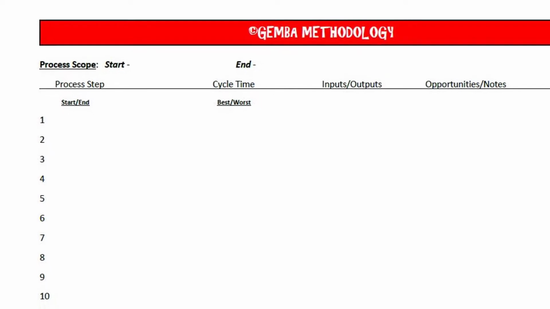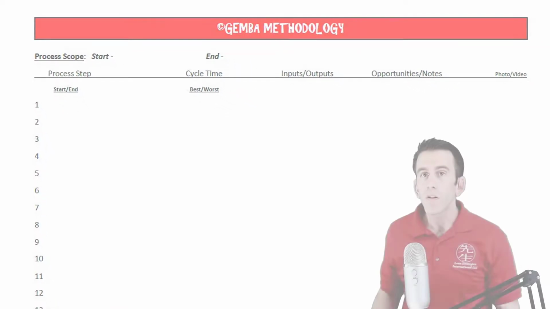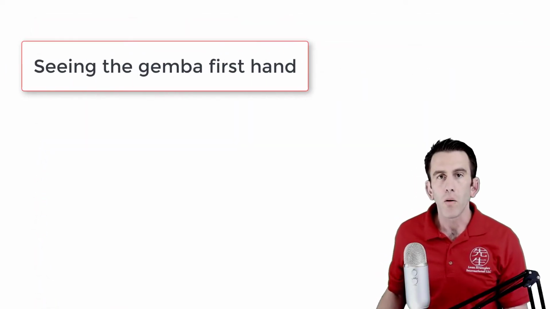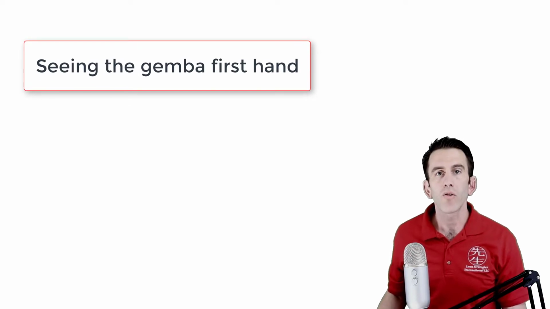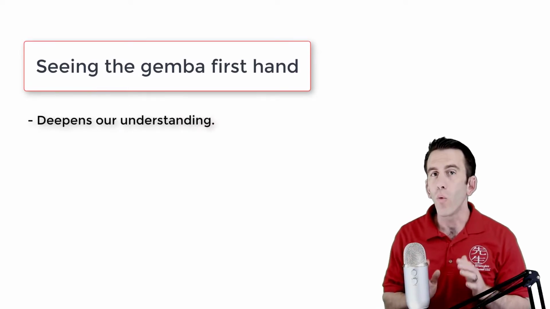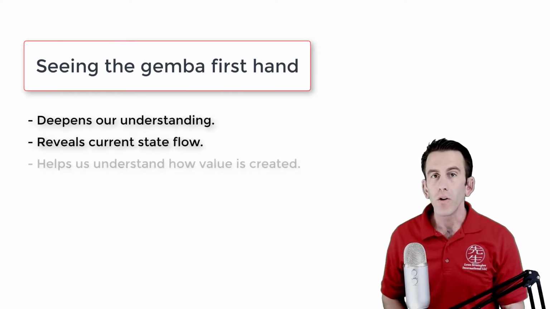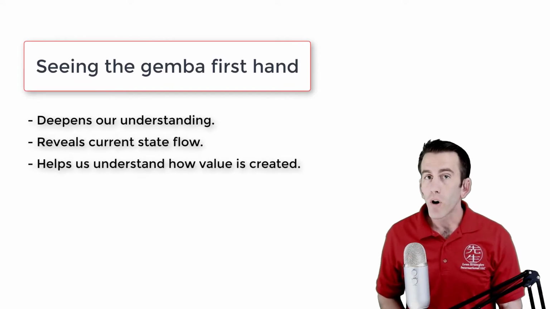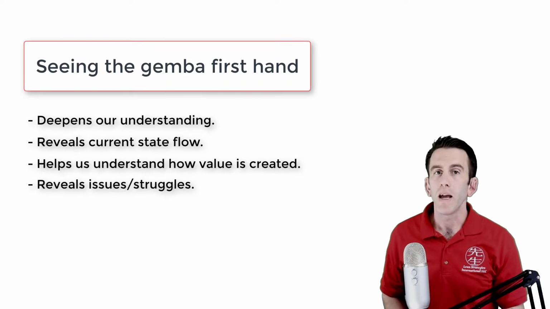In the Gemba overview, we learned that going to the Gemba and seeing a problem or opportunity firsthand helps us gain a deeper understanding of how work flows, where value is created, and what struggles some employees might be having.